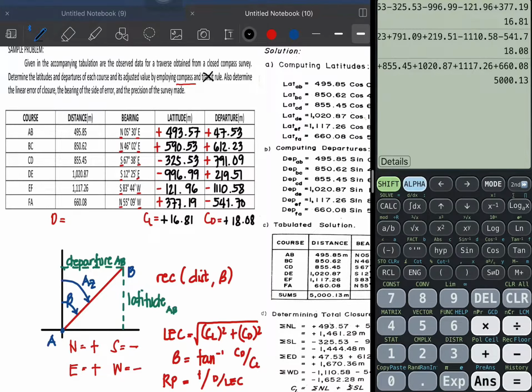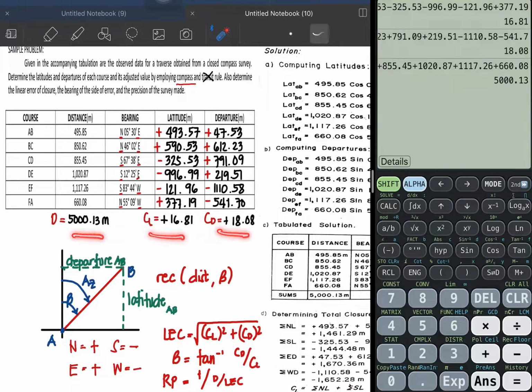So that is 5,000.13 meters. So if you have these values, you can now solve for the LEC.